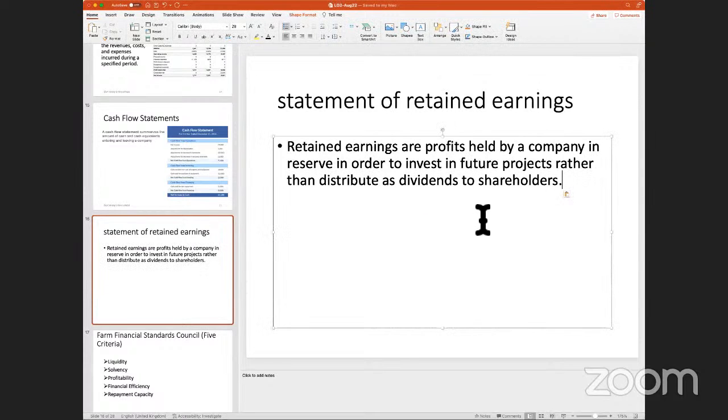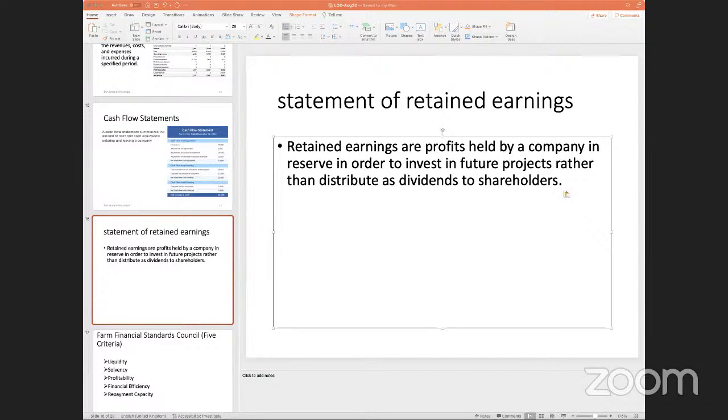A statement which is produced, and I mentioned this earlier, or would be asked by the bank in terms of showing the finances of the company, detailing out the amount of money coming in and how that money is being retained within the organization as profits, is what would be the statement of retained earnings.